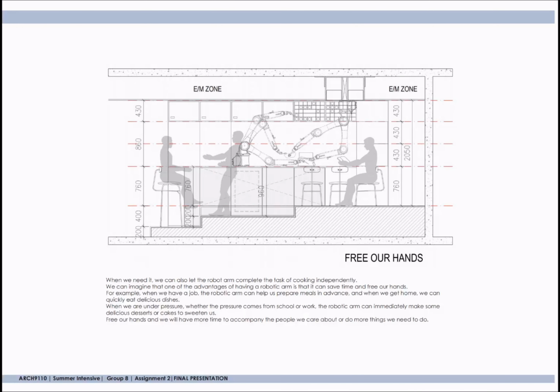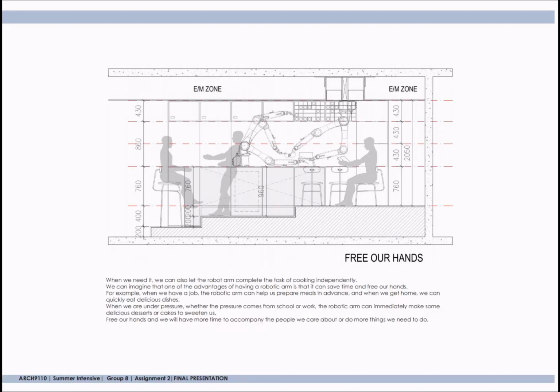On the other hand, we can also let the robotic arm complete the cooking task independently. We can imagine that one of the advantages is that we can save time and free our hands. For example, when we are at work the robotic arm can help us prepare meals, and when we get home, we can have delicious food.